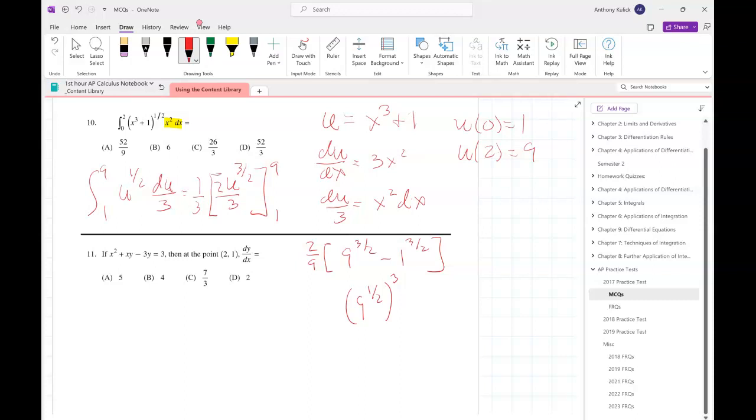No thank you, sir. 9 to the 1/2 is 3. 3 cubed is 27, and 27 minus 1 is 26. So I have 52/9.